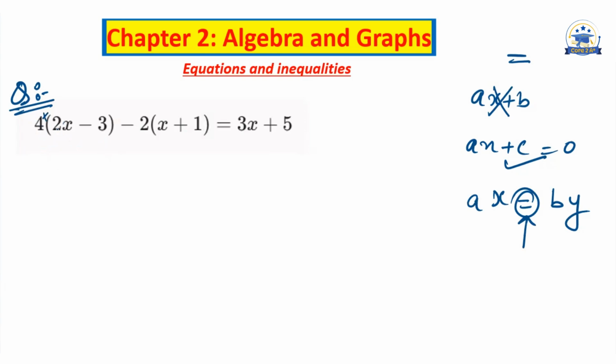So we will multiply 4 times 2x, not only the 2, and then again multiply 4 into 3. And this sign also we will bring down.